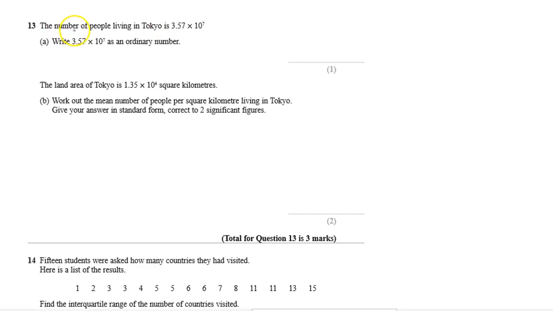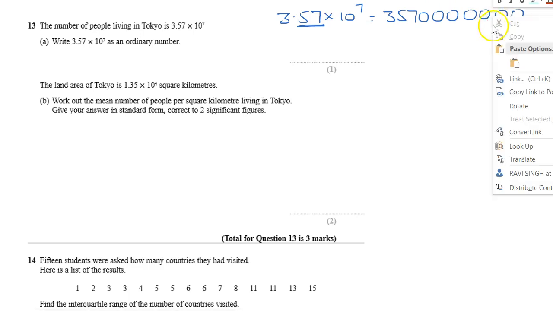Question number 13. The number of people living in Tokyo is 3.57 multiplied by 10 to the power 7. Write this as an ordinary number. So we can do it 357, and we add 7 zeros: 1, 2, 3, 4, 5, 6, 7 zeros. But we have a decimal here, and after the decimal we have 2 digits. So after 2 digits we put the decimal here.